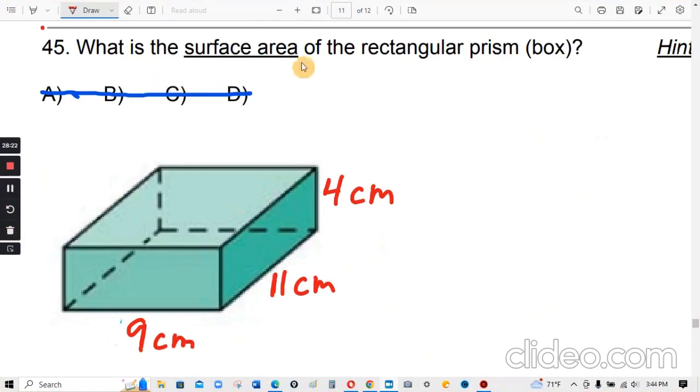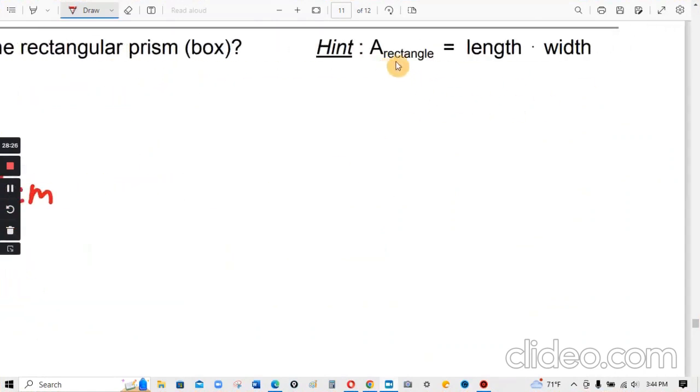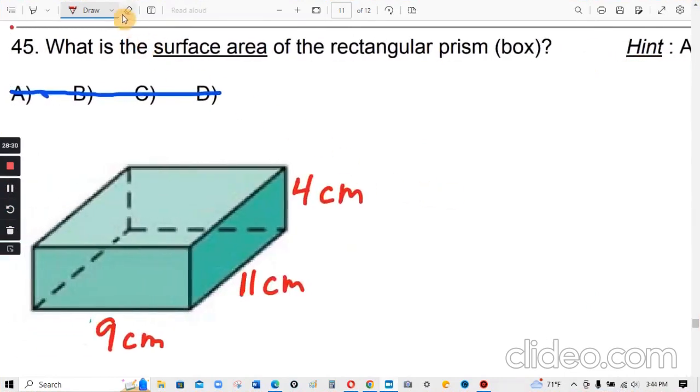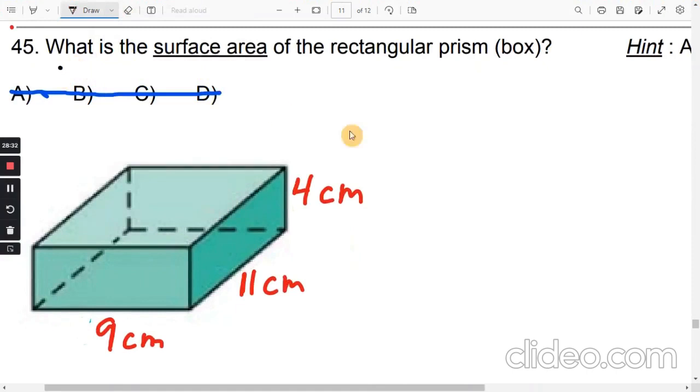All right, surface area, the rectangular prism or box. So we know the area of the rectangle is length times width. So we'll take it piece by piece. Okay, we'll do the front, back. So the front here, we see the height is 4. That's 11. That's 4 right there. The height here is 4, same as the back.